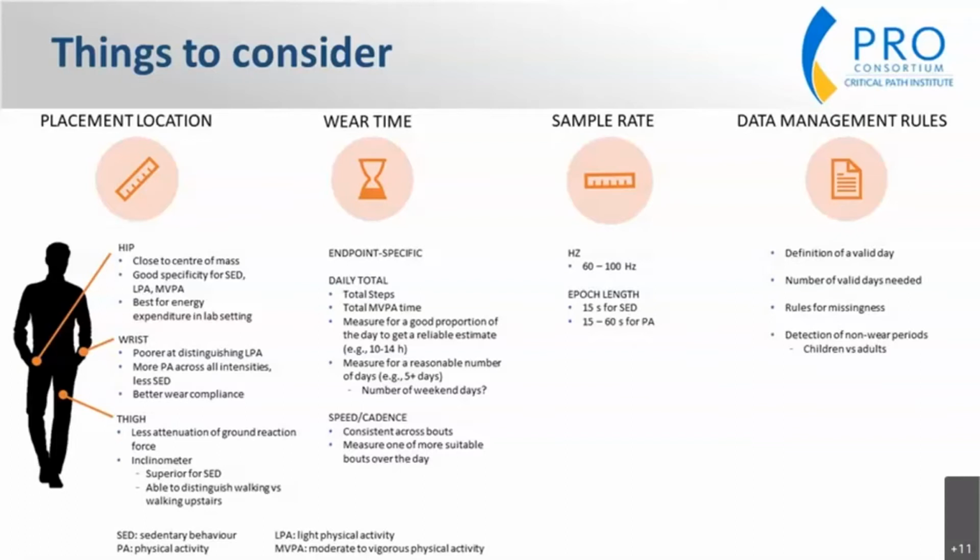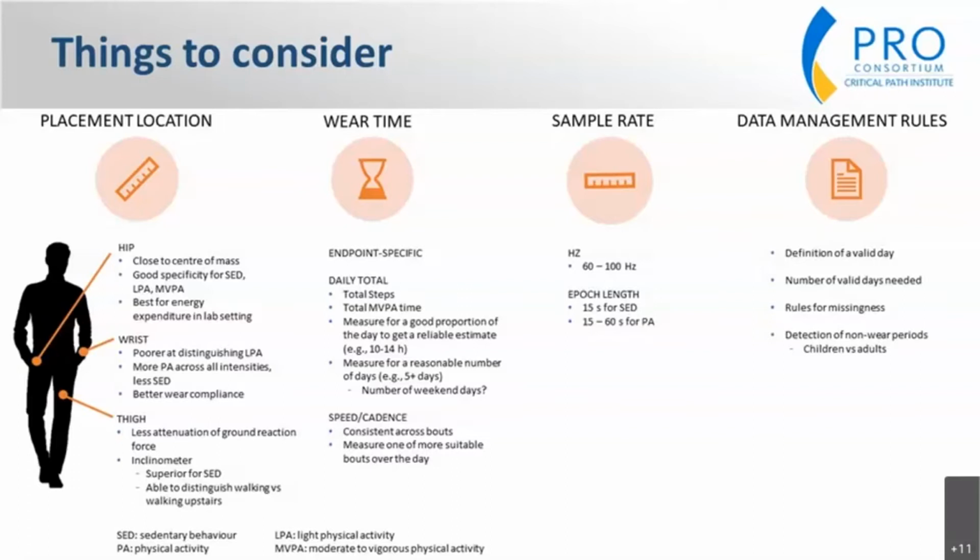And then finally, data management rules. Typically we don't see any effort to impute missing data when you look at activity monitoring data. As for days, the way we consider it is we look at whether there's sufficient data within a day to call it a valid day.